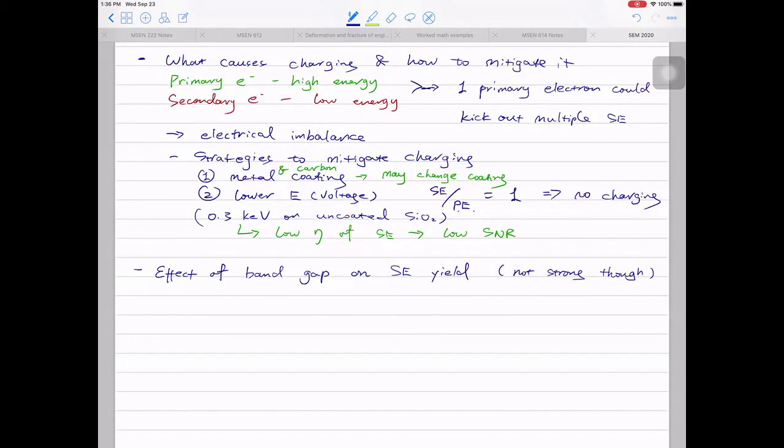We also slightly talked about the charging issue on insulating, non-conducting materials. The last bit I want to talk about is the effect of band gap on secondary electron yield. Some of the students are interested in working in the semiconductor industry, so we'll see how we can use secondary electrons to roughly distinguish similar materials of different band gap energies.